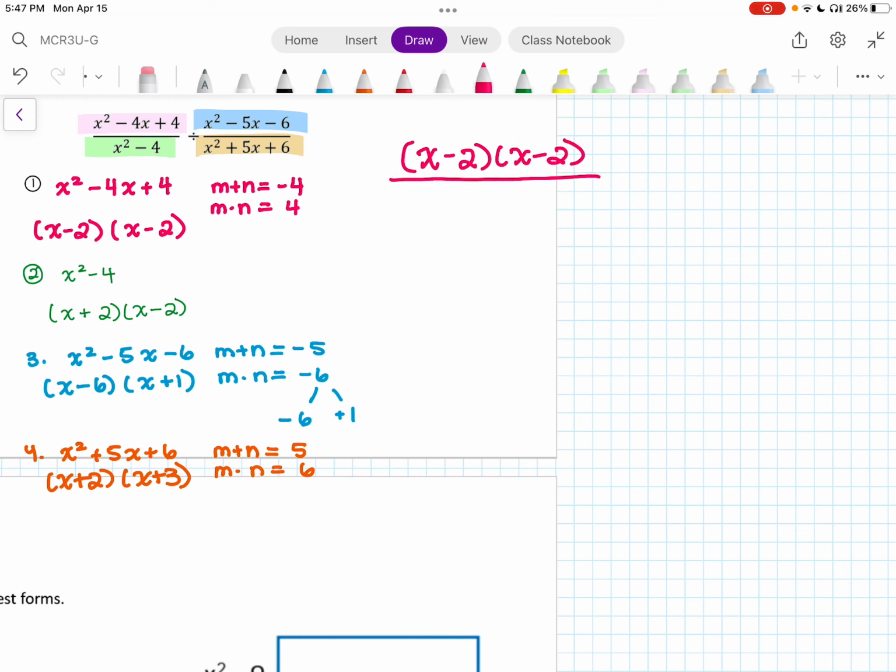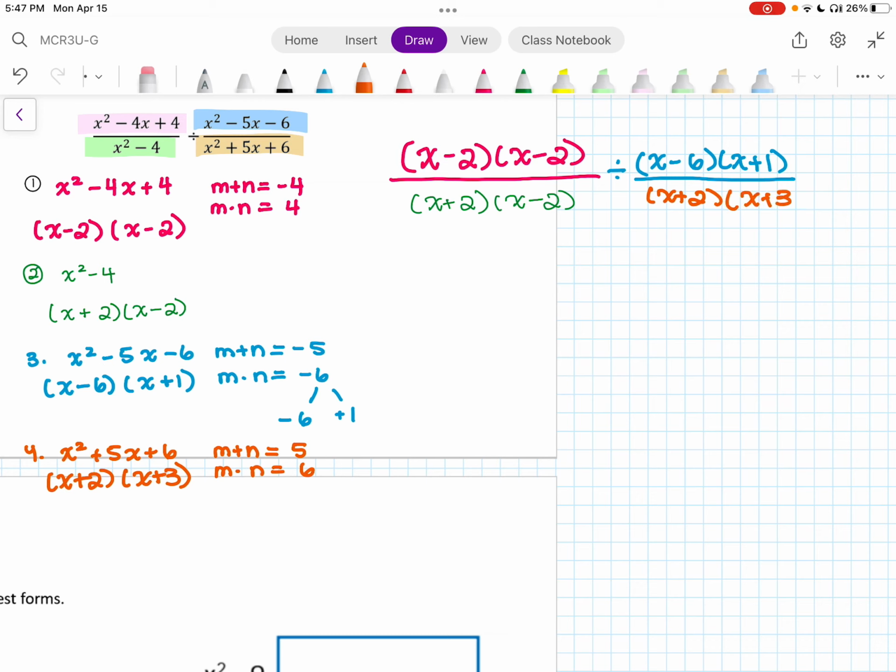I just find it easier to work with them if they're split up like this. x plus 2, x minus 2, divided by x minus 6, x plus 1, all over x plus 2, sorry, x plus 3.